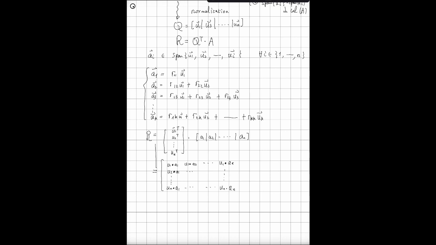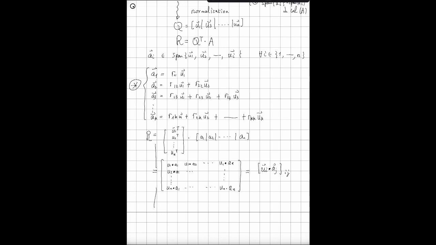So basically what you got is that the ij entry becomes Ui dot product Aj. Use this expression of Ai with the fact that the Ui are orthonormal.